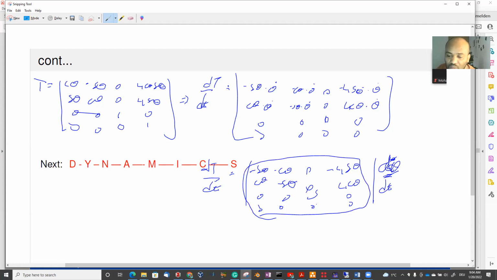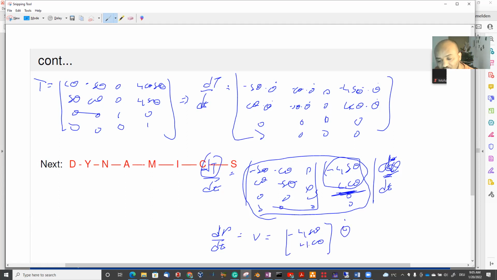If we ignore this one and only focus on the linear part, only on the position rather than orientation, then dp over dt, which is velocity, equals minus L1 s theta, L1 c theta, some matrix, times theta dot.